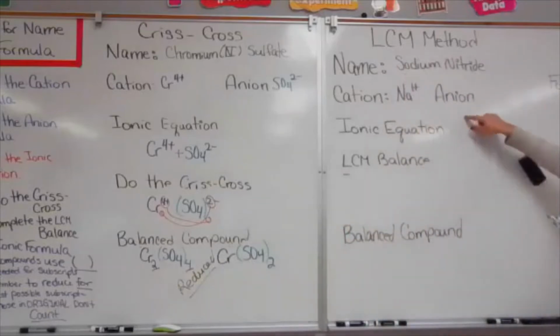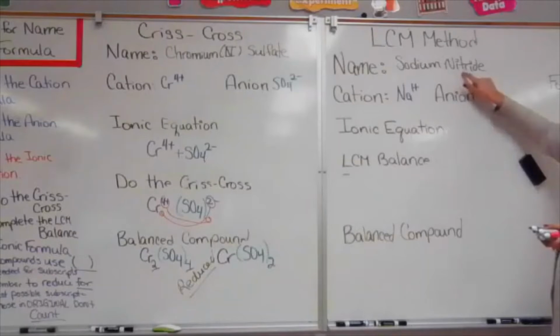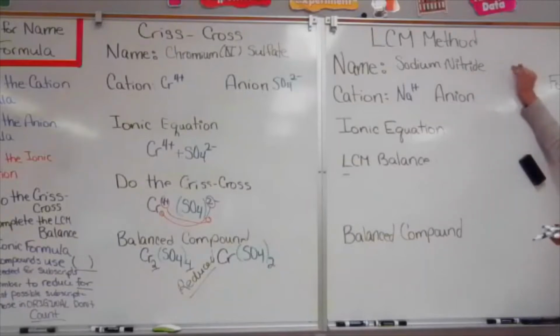The anion we can deduce as nitride for a couple reasons. One, it's written second, and the anion's always written second. 2, NITR is the root of N. N goes with nitrogen. Nitrogen's in column 15. Column 15 are nonmetals, and anions are always nonmetals. And column 15 has a charge of 3 negative, and we know that anions have a negative charge.